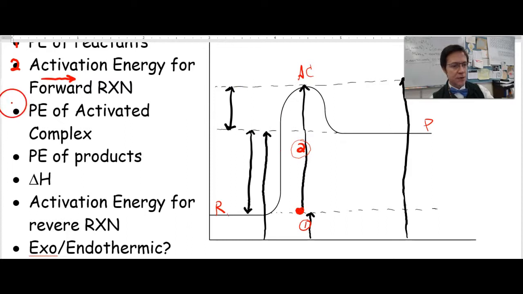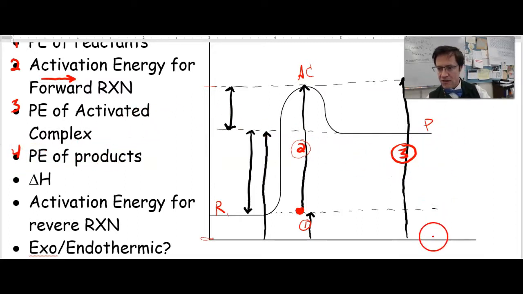How about line number 3? Potential energy of activated complex. Well, that's easy. Activated complex lives right here. So I need a line that goes from 0 up to here. So this whole thing, that's easy. That's this guy. Okay, number 4, potential energy of products. Well, that's just from 0 up to where the products are.